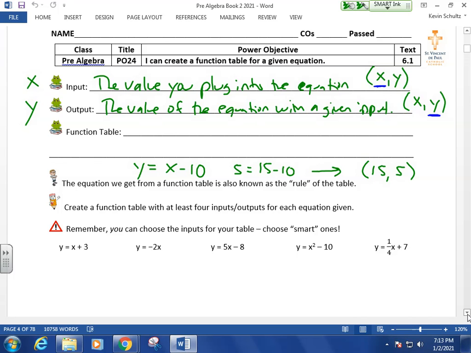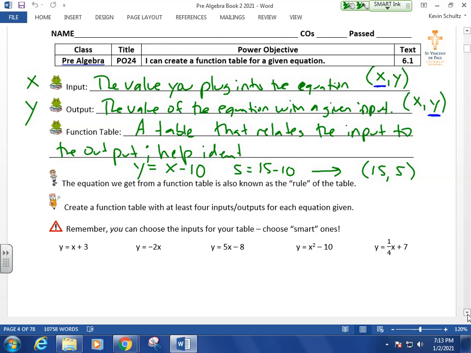Okay? And a function table is an organized table that relates the input to the output. What it can do is help identify the rule for the table.